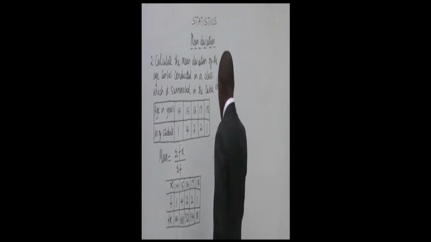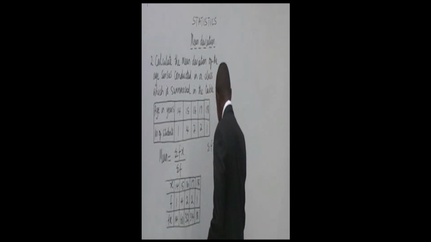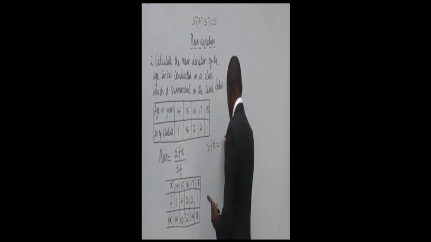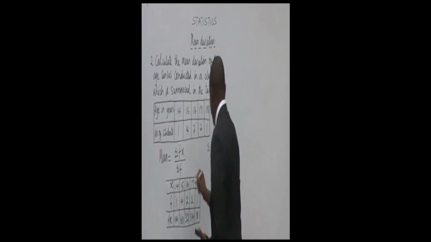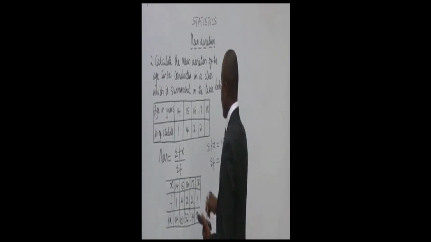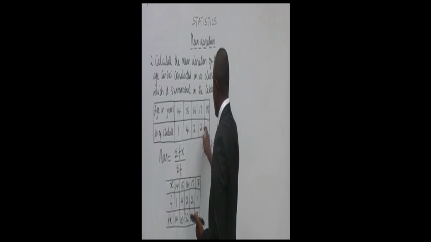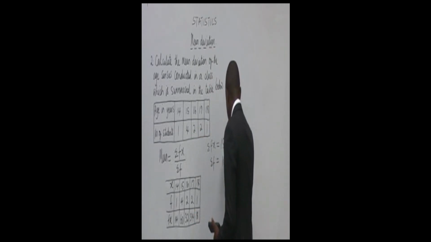Now, your sum of fx, if you add all these numbers together, is 158. Now, the sum of our frequencies: 1 plus 4, 5, 7, 9, 10. So we have 10.